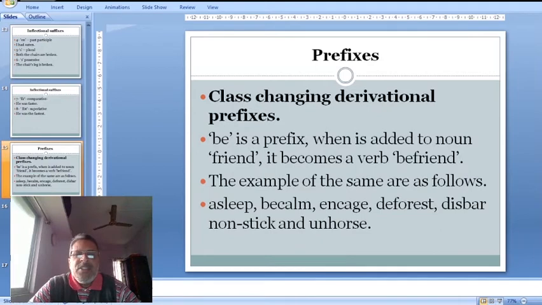Prefixes. Class changing derivational prefixes. Be is a prefix. When it is added to the noun friend, it becomes the verb befriend. The examples are as follows: asleep, become, encase, deforest, disbar, non-stick, and unhorse.